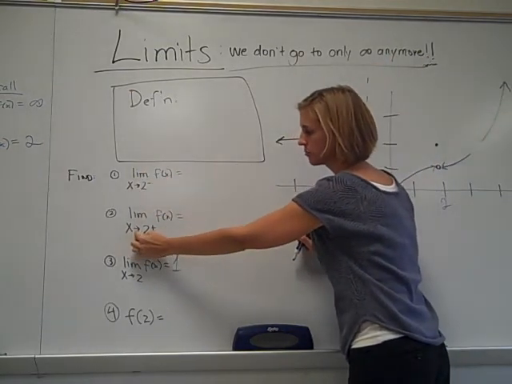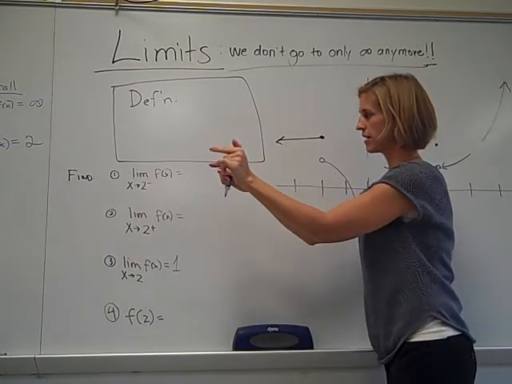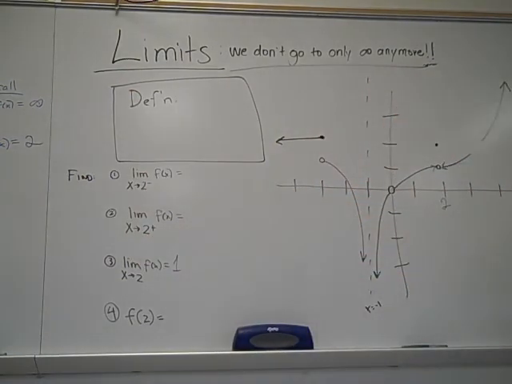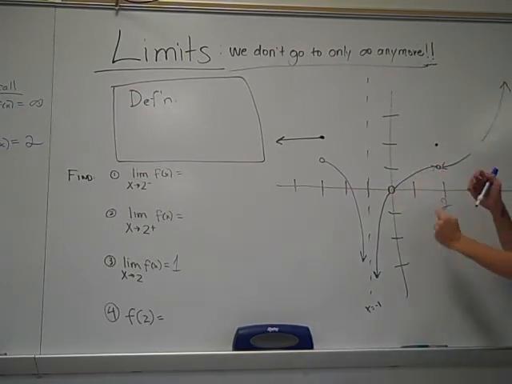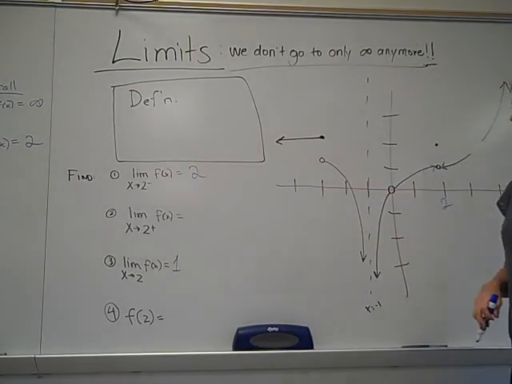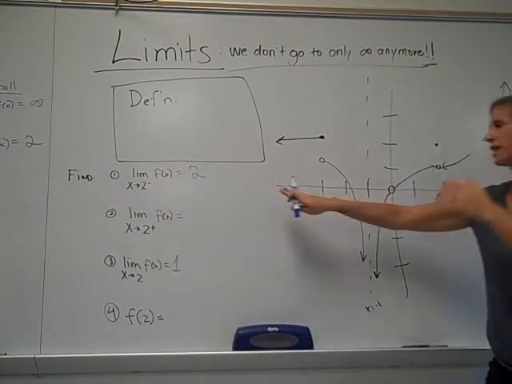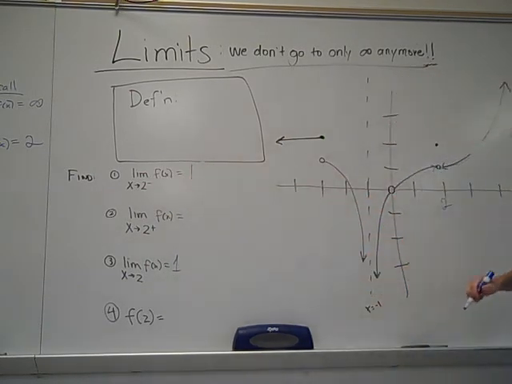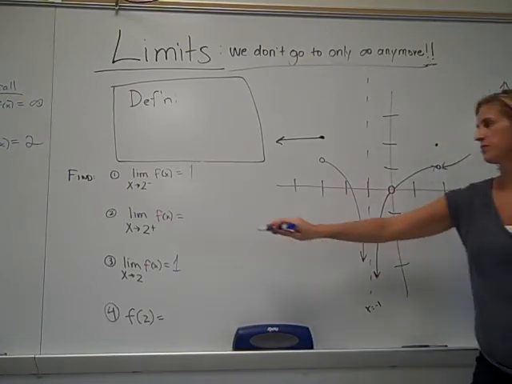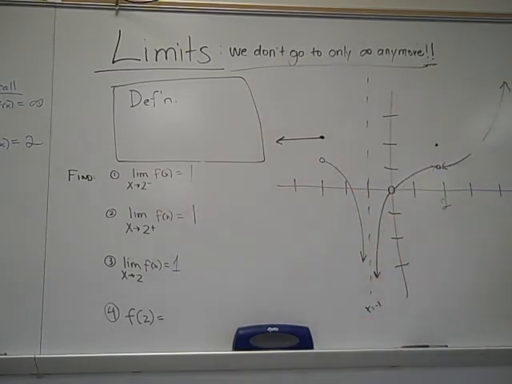This means the limit as x approaches 2 from the right. So in this particular example, as x approaches 2 from the left, my y value is becoming 1. Sorry. And as x approaches 2 from the right, my y value is becoming 1. So therefore, the limit as x approaches 2 equals 1.